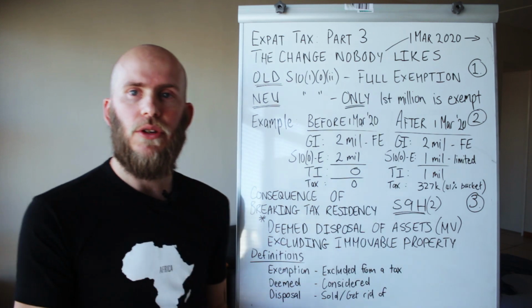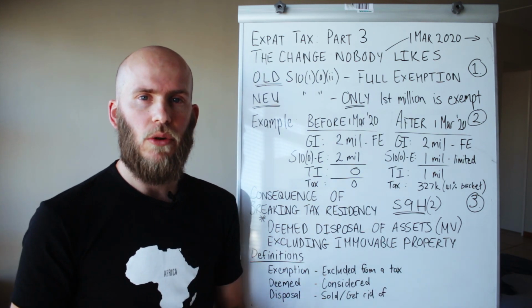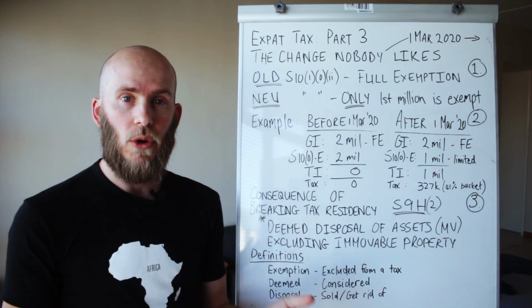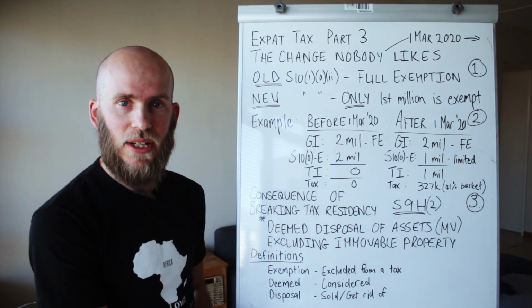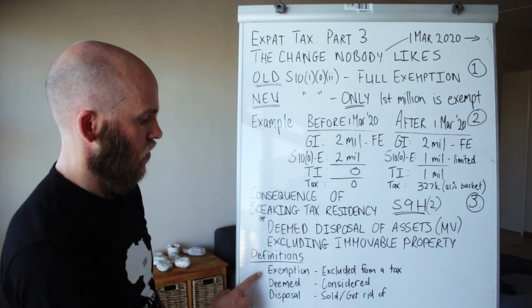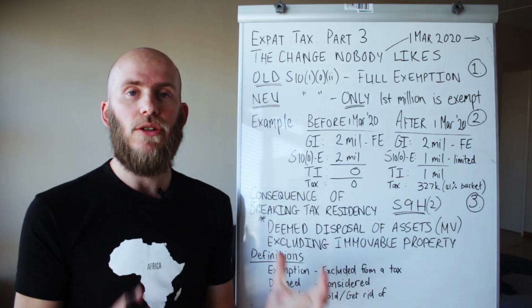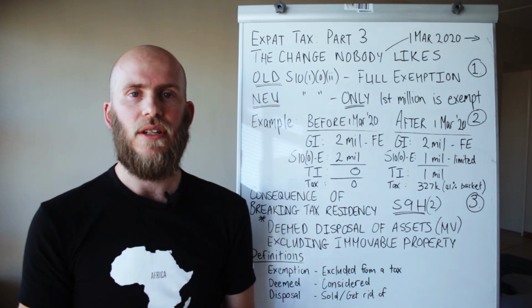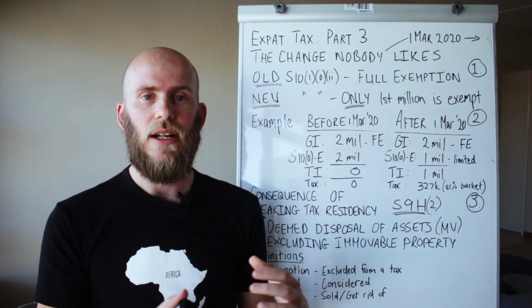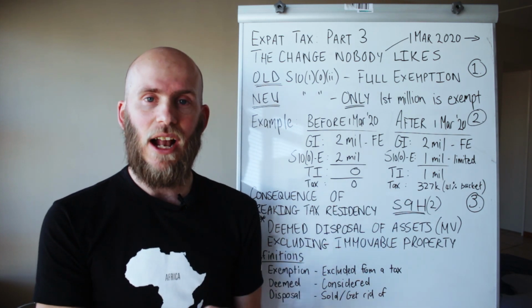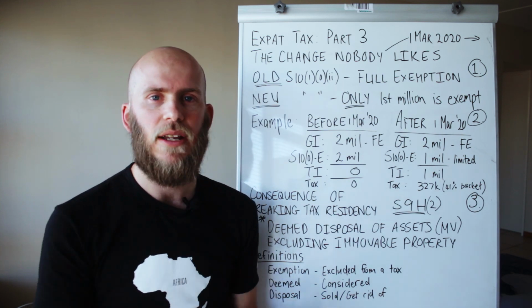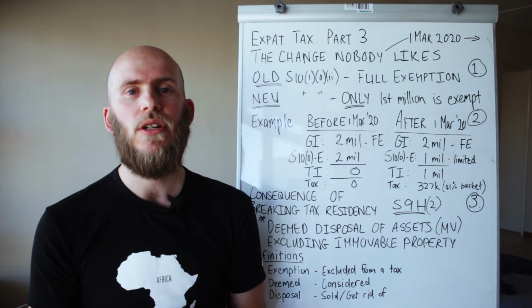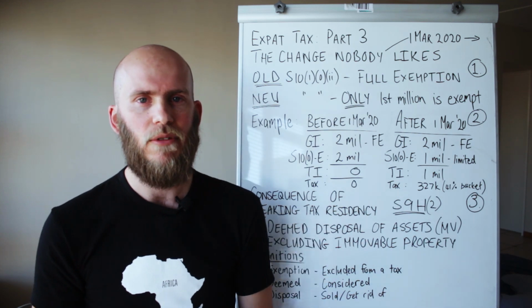And just for those of you who don't know what an exemption is, I wrote some definitions down here. A definition of exemption is that it's excluded from a tax. So if there's an income tax exclusion, it means that it's excluded from that tax. If there's a VAT exclusion, it is excluded from VAT.